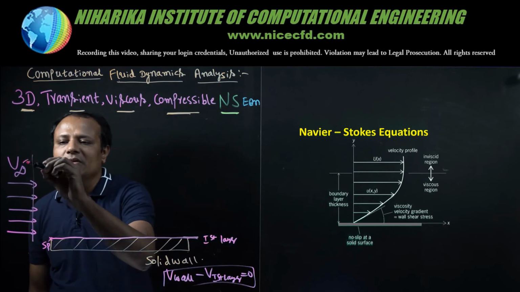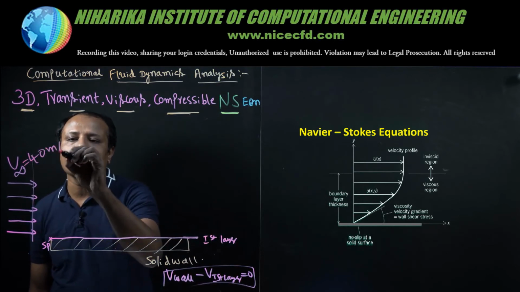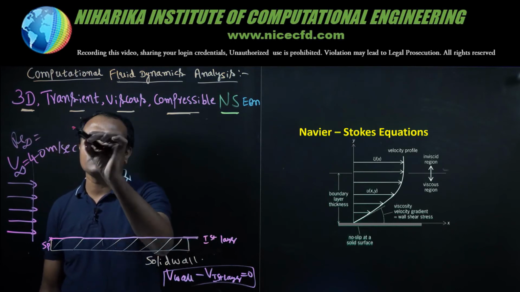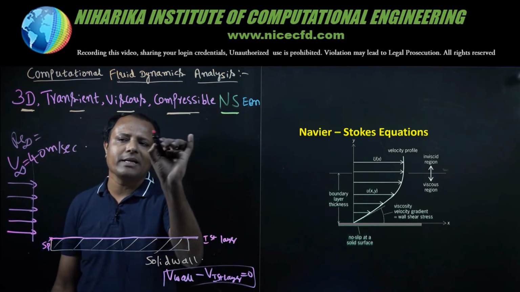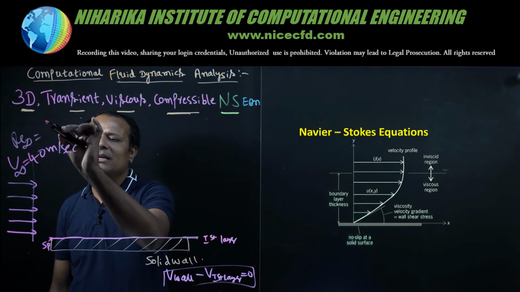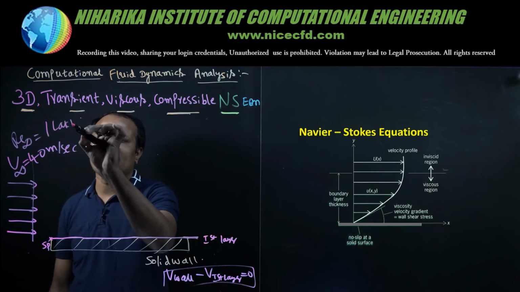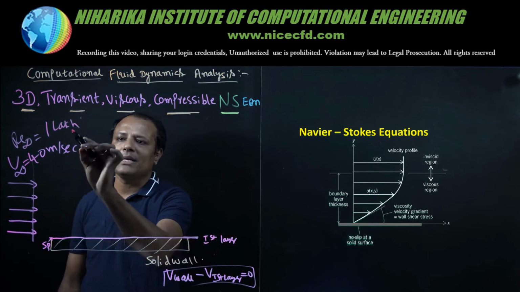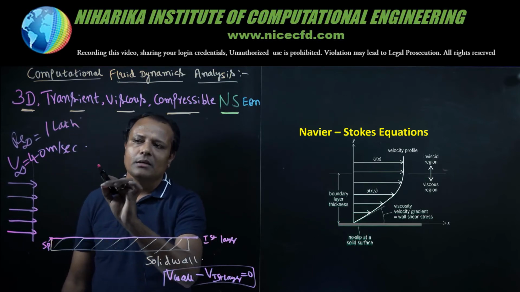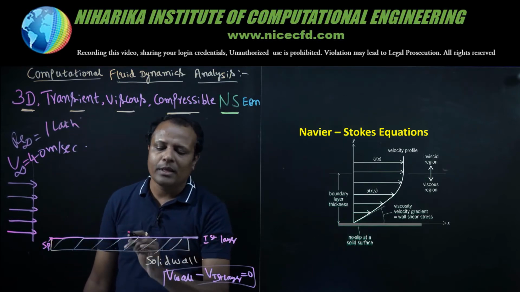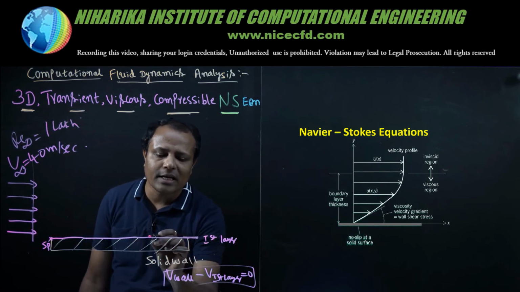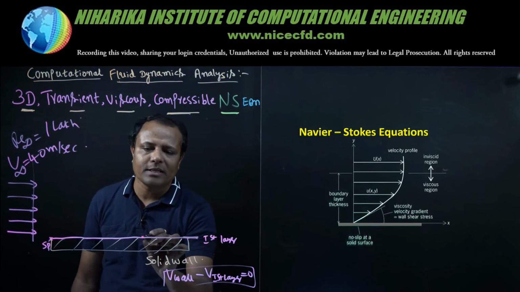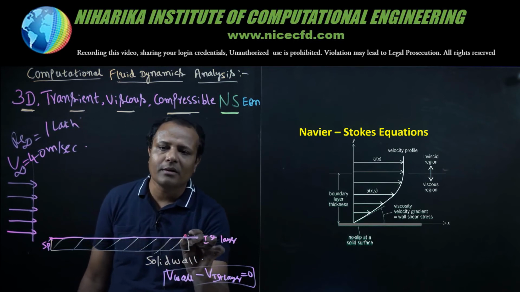Let us say this V infinity is 40 meter per second and the corresponding Reynolds number infinity is, for the purpose of understanding, I will take some random number, let us say 1 lakh. Okay, now the first layer has lost all the 40 meter per second in overcoming the friction.